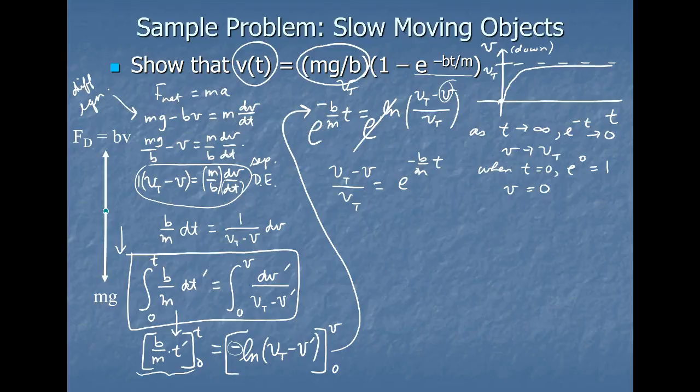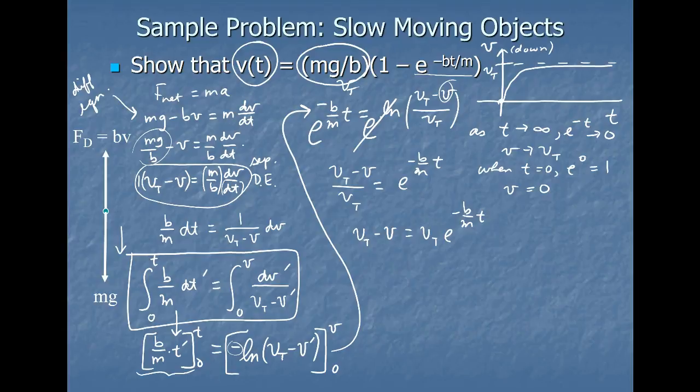And now you can see why I've written everything in terms of vt. Otherwise, I would have a whole ton of mg over b's floating around, and that would just make it messier. So vt minus v is vt e to the minus b over m times t.